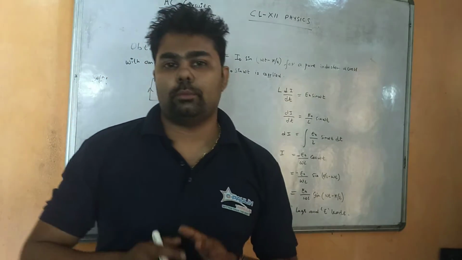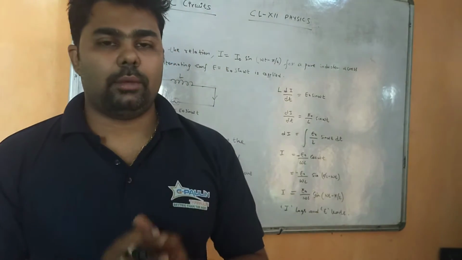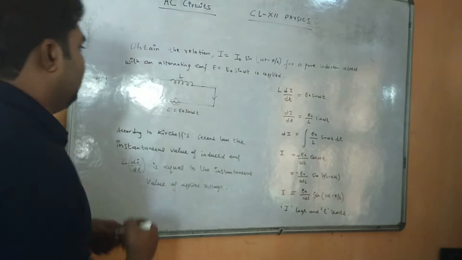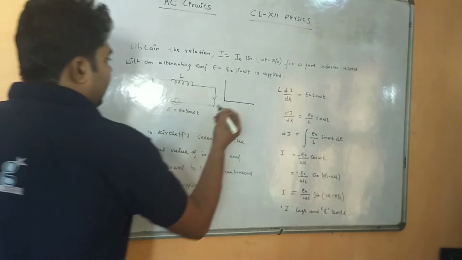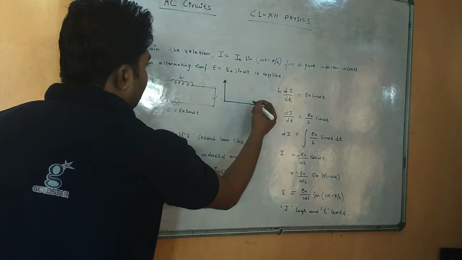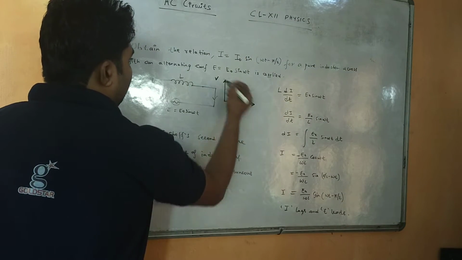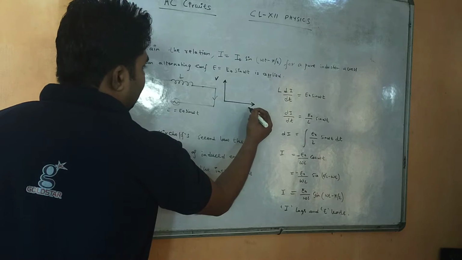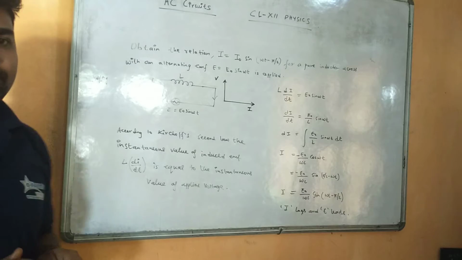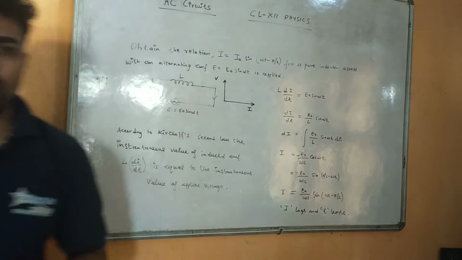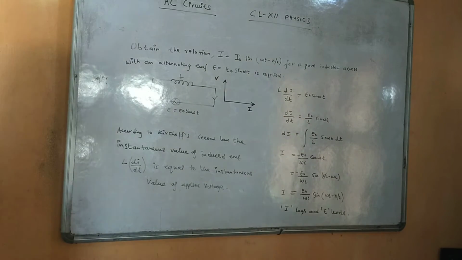We have also seen for the inductive circuit, if I need to draw the phasor diagram, this is the voltage and this is the current, right? So the current is lagging behind and the voltage is leading.